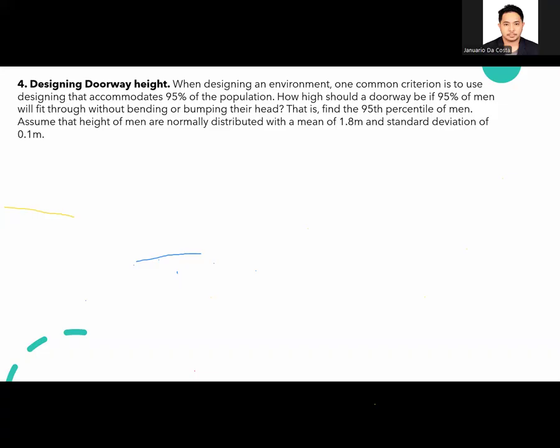Okay. Can you explain to the classroom? What does that problem mean? What is the objective of solving the problem here? Identifying how high a certain design choice should be for most of the population?